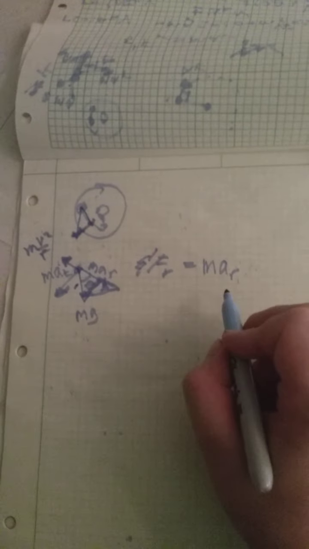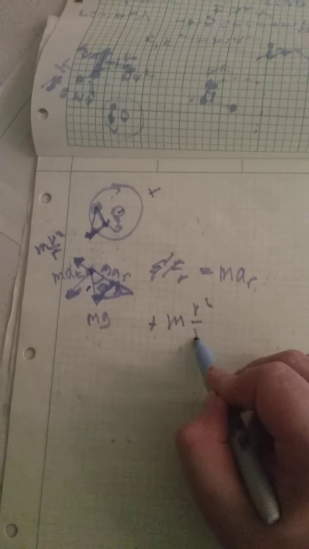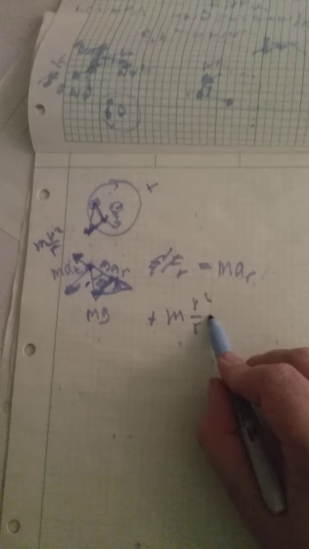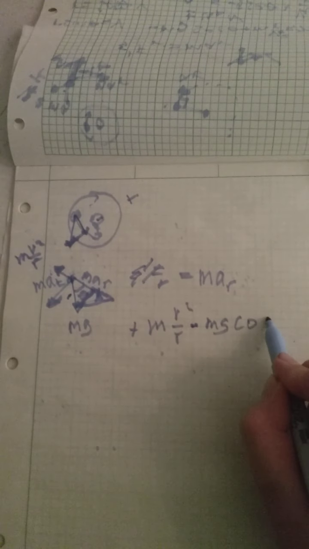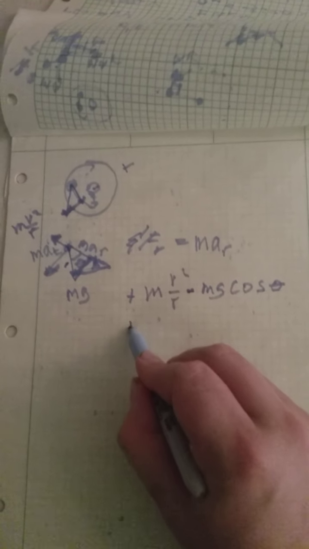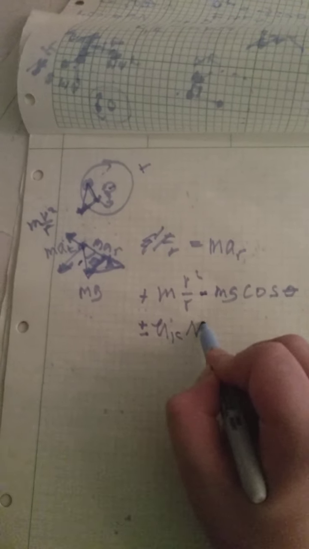So what we have is, we're going to say positive is outward and negative is inward. So we have a positive mv squared over r. We have a negative mg cosine theta, and then we have a plus or minus friction.